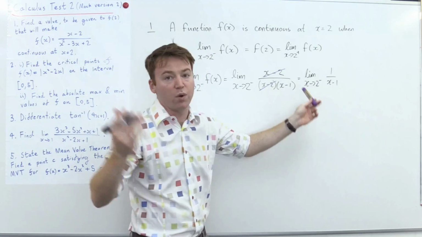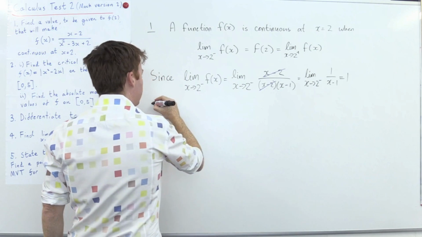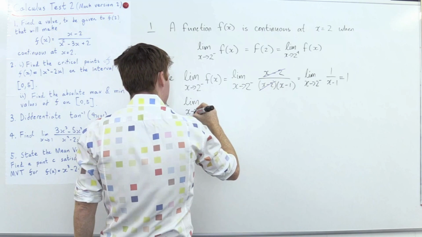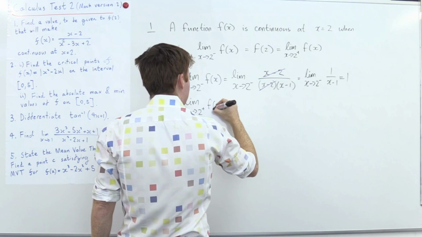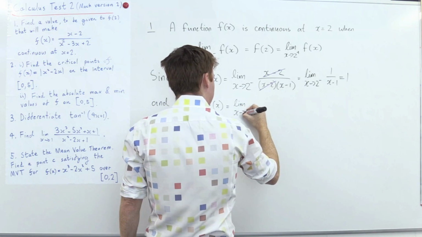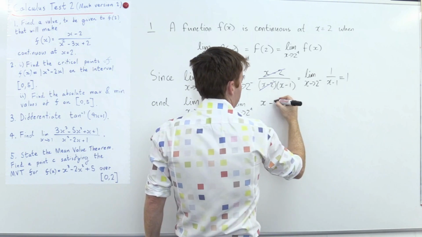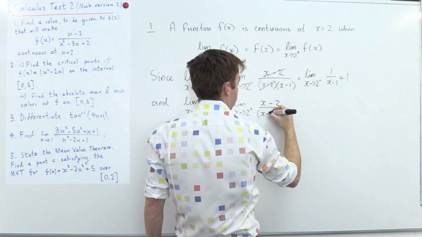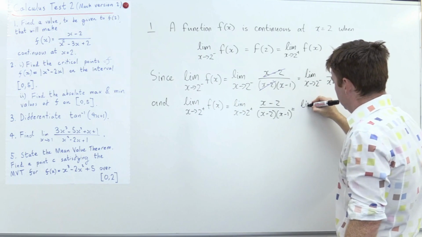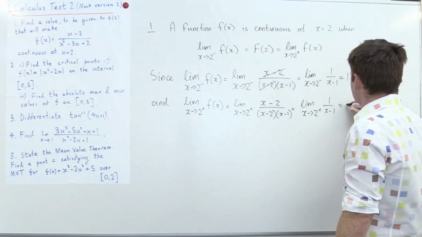This is just 1. All right, and the other side. Again, this is going to be x minus 2 over the factorization. Which is again 1. Okay.